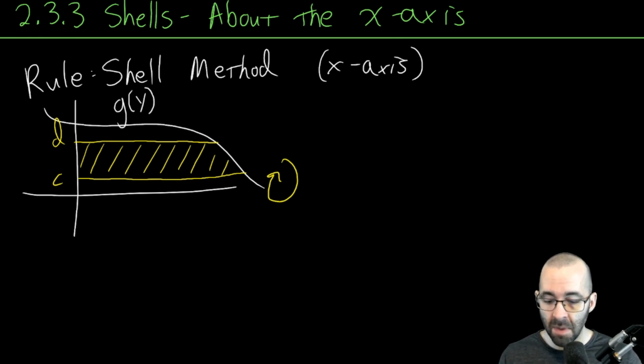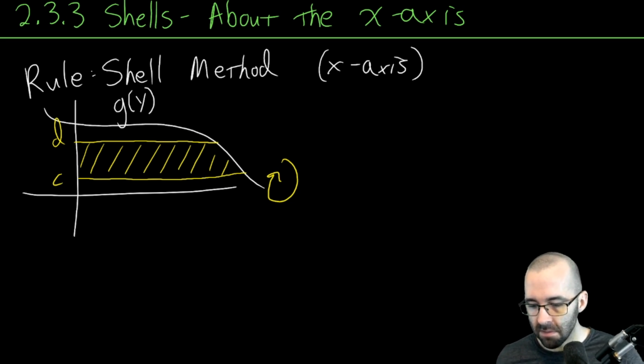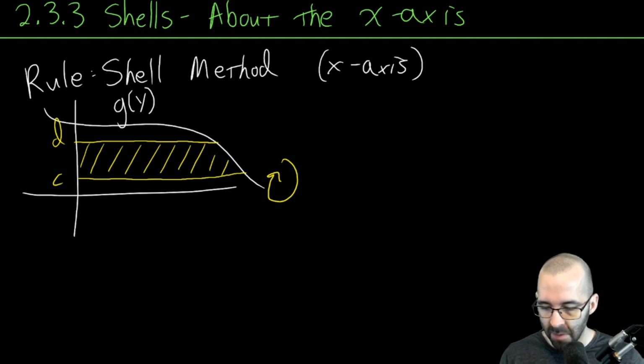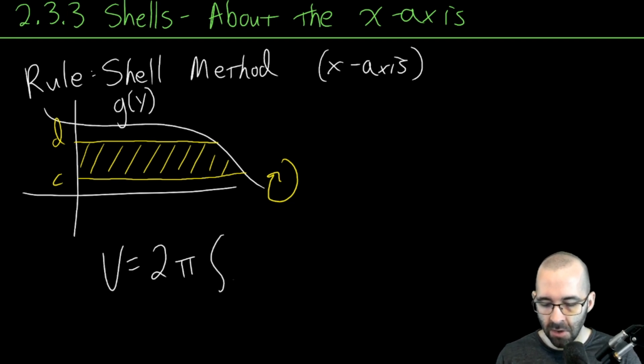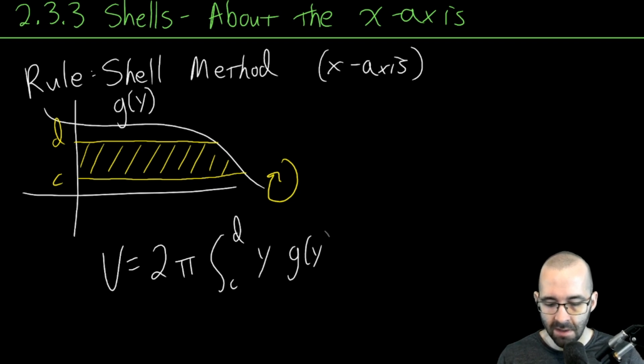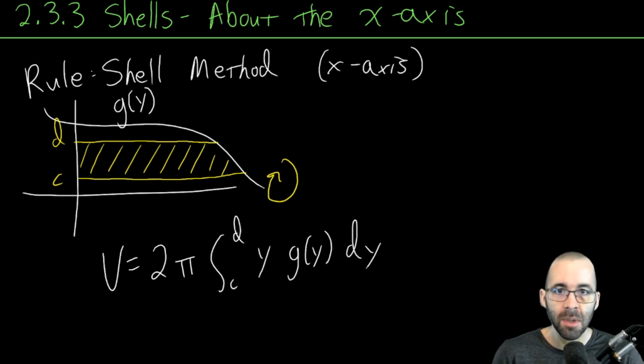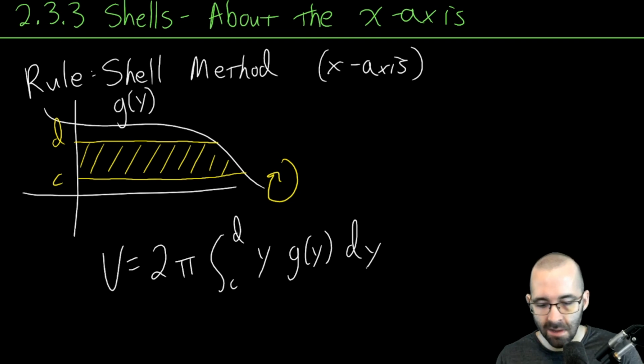Again, if this were the disk method, we'd need it in terms of x, but it's the shell method, so we're going to talk about g of y. Okay, then I think I have all the information. Then the volume is just going to be 2 pi integral from c to d of y times g of y. That's it. It's the same formula, just with y's.